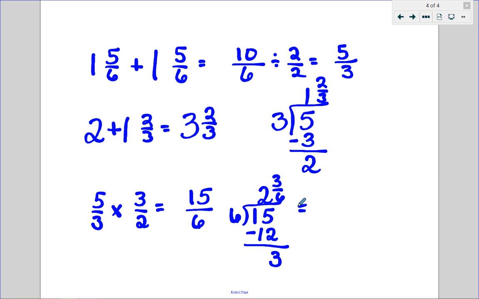And then I can see what number I can divide 3 and 6 by. Well, I know 3 times 2 is 6, so I can divide both of those by 3. There we go. So I still have my 2. 3 divided by 3 is 1. 6 divided by 3 is 2. So I have 2 1/2 as my answer for that one.